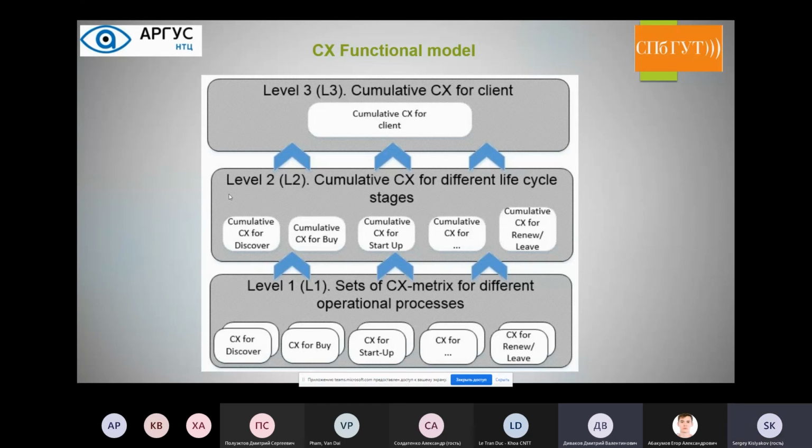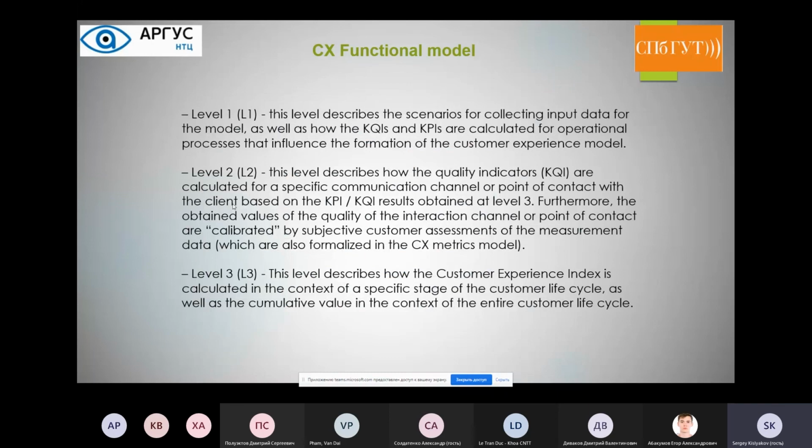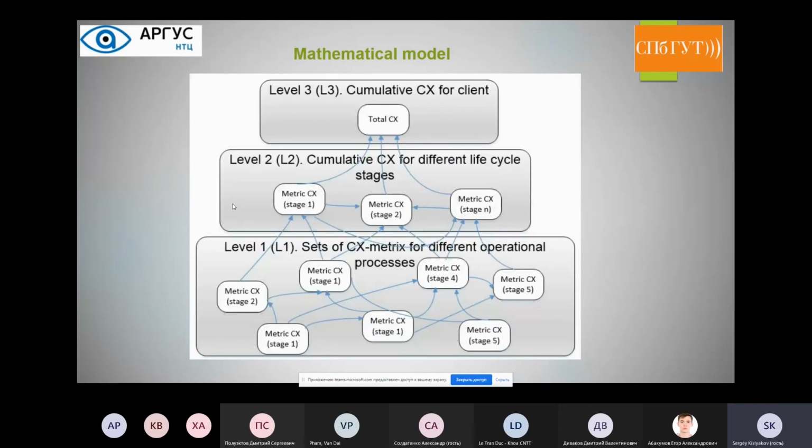Okay, the main result is we have built a fuzzy cognitive map model to use in our digital twin, as a part of, say, the big digital twin of a customer of a communication service provider.